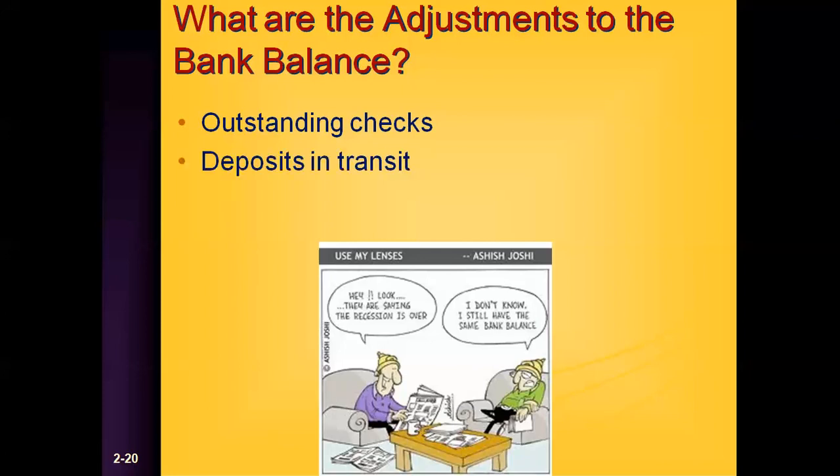A second would be deposits in transit. If you send a deposit through the mail, meaning a cash deposit through the mail, you would need to add that to the bank balance. And the third area would be errors made by the bank, and that could result in adding or subtracting those errors from the bank balance.